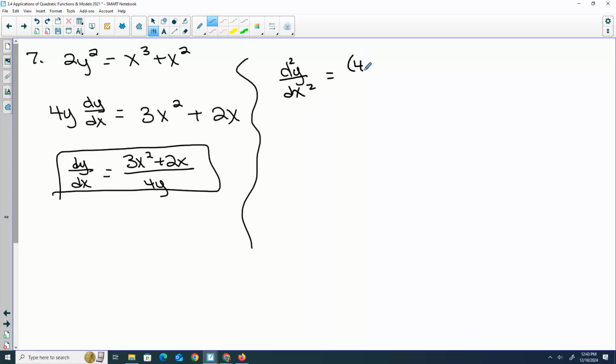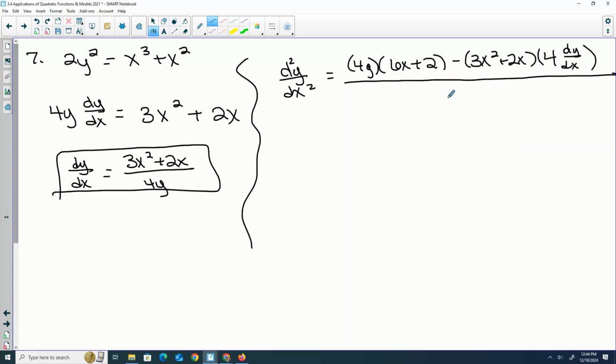So low d high, derivative of the top becomes 6x plus 2, minus high d low, derivative of 4y is 4 dy dx, over low squared.